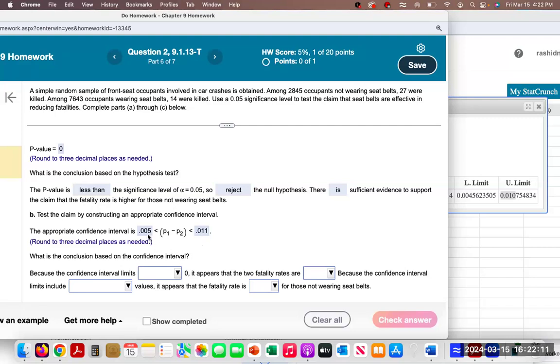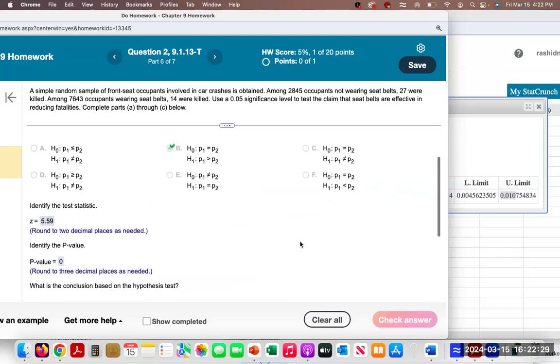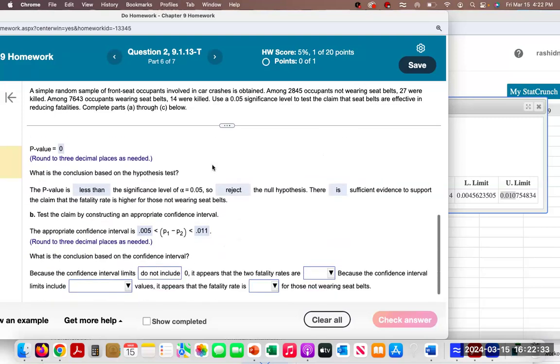So it starts from a positive number and ends at a positive number. That means it doesn't include 0, so P1 minus P2 is not 0. So they're not equal, and this suggests that the alternate hypothesis is true.